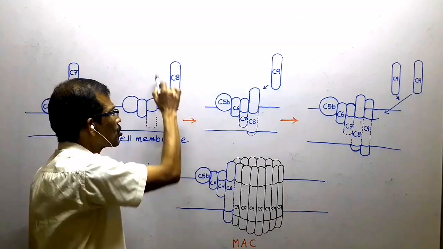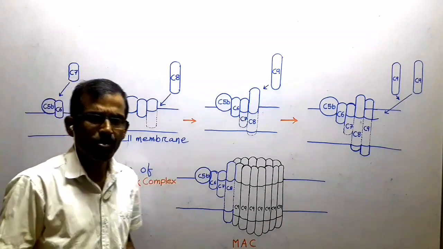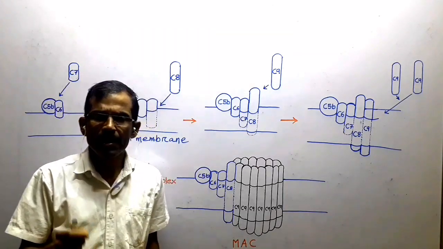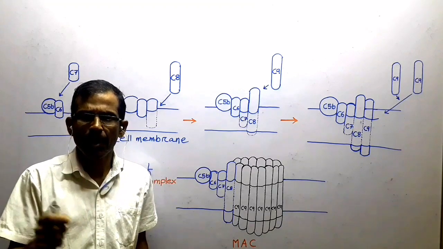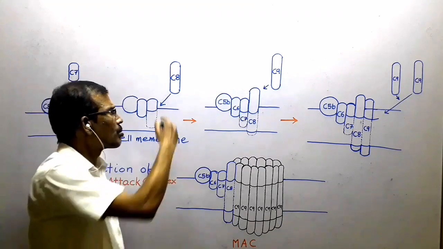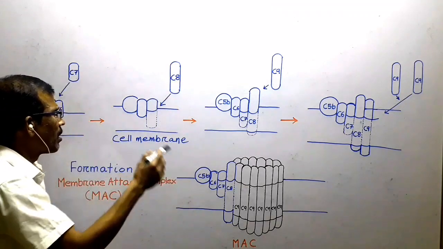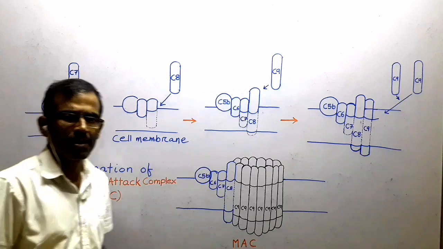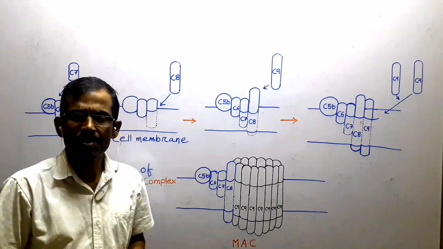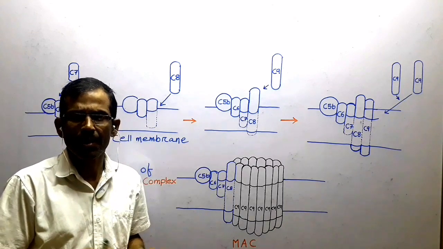C8 is composed of two polypeptide chains. One is C8b and the other is C8 alpha-gamma. Binding of C8b with the C5b67 complex induces conformational change in the C8 dimer.